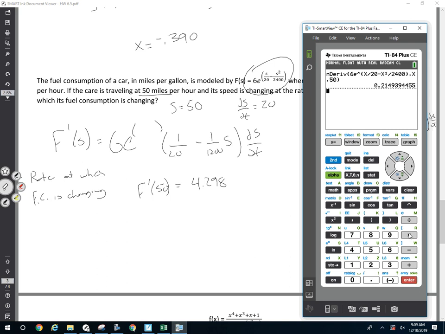If you took this and multiplied it by ds dt, you get the same answer. Okay? So, the derivative of f of x at x equals 50, f of s when s is 50, times ds dt, you have gotten the same answer.